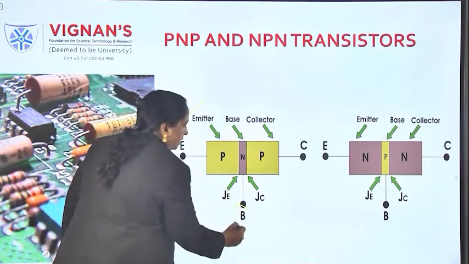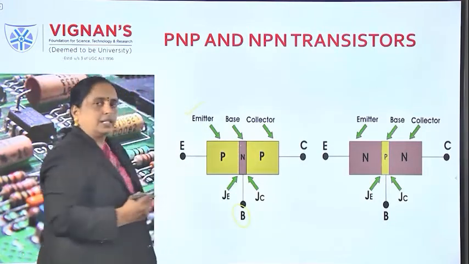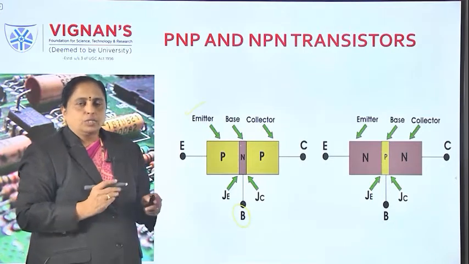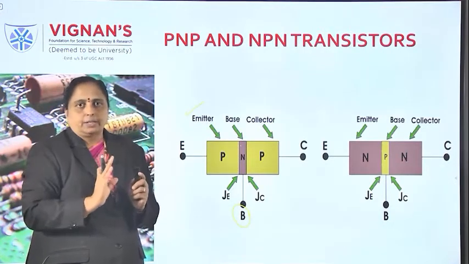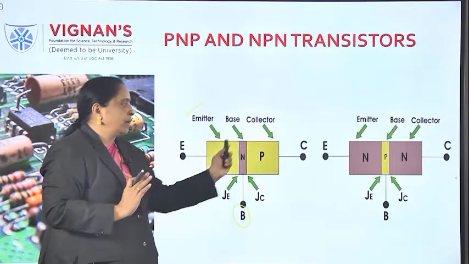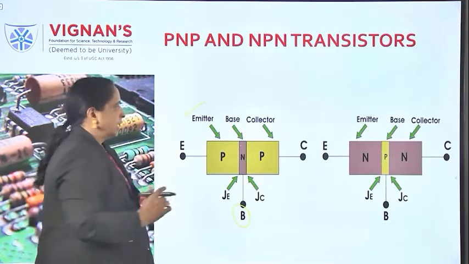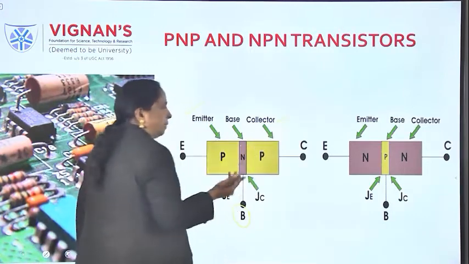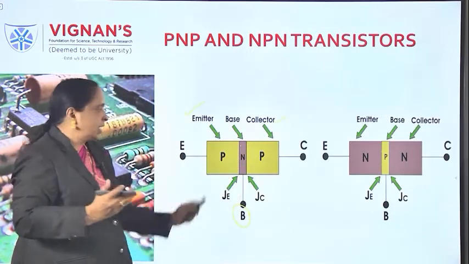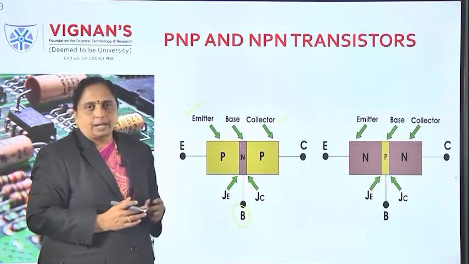The middle portion, N material, is known as the base, which acts as a controlling unit. While the carriers are moving from the emitter to the collector, it acts as a mediator. And the collector, of course, collects the carriers coming from the emitter side.